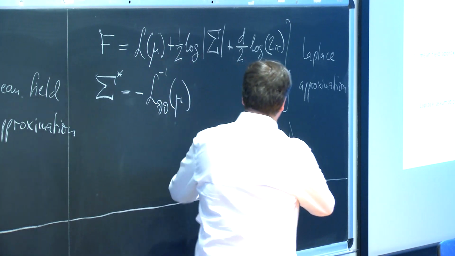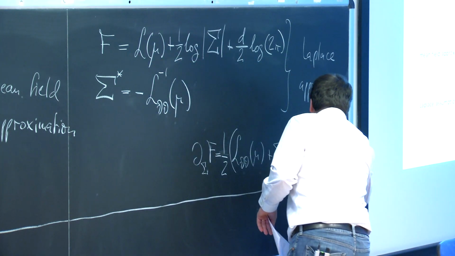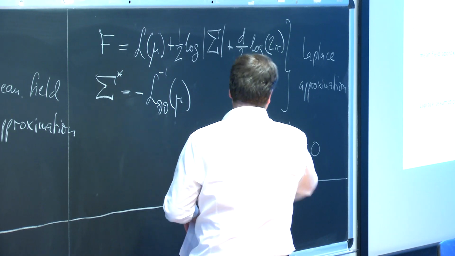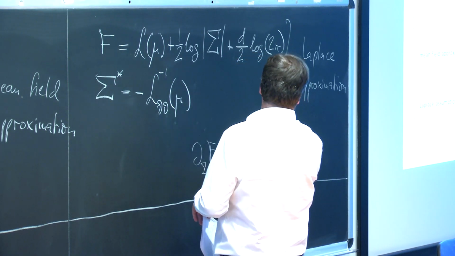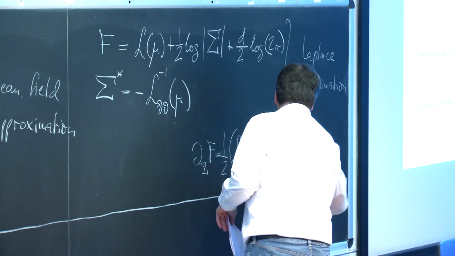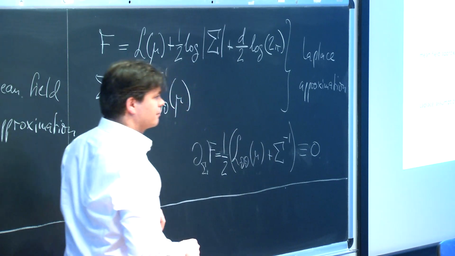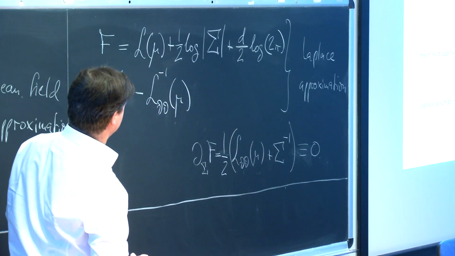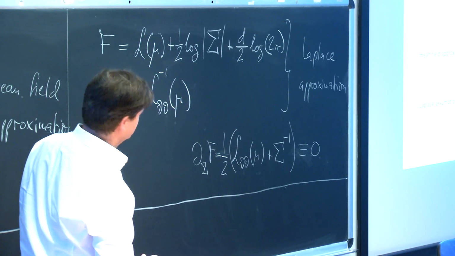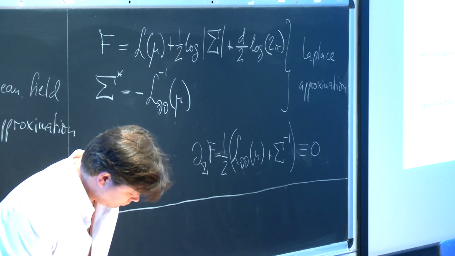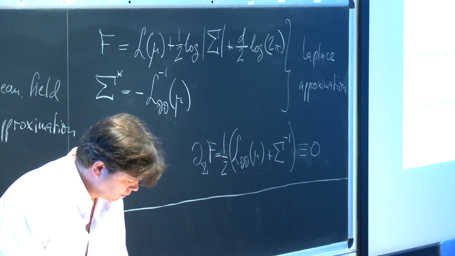So what we do is we set this to 0. We disregard the 1/2. We take this to the other side, and so on. That's where it comes from. Good.